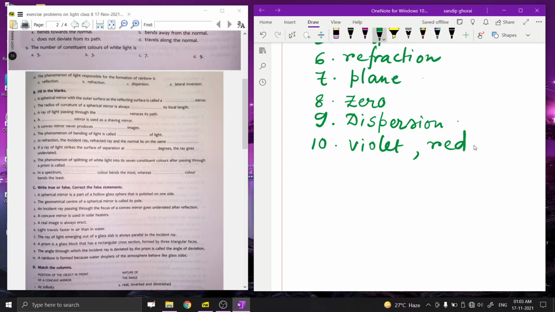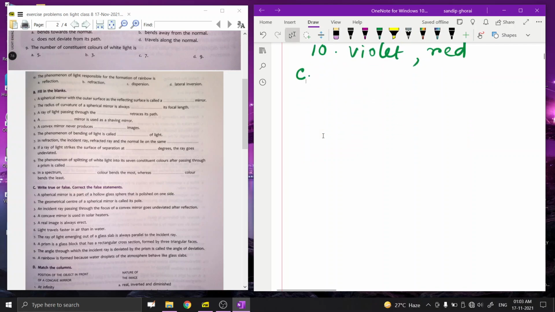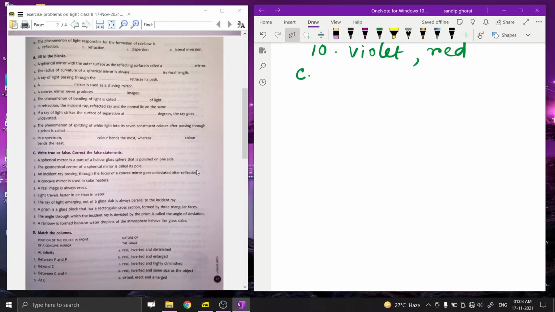That is why red bends the least, and as the speed of violet is least, the violet color bends the most. Now we move to our next part, part C. In this part, write true or false and correct the false statement.